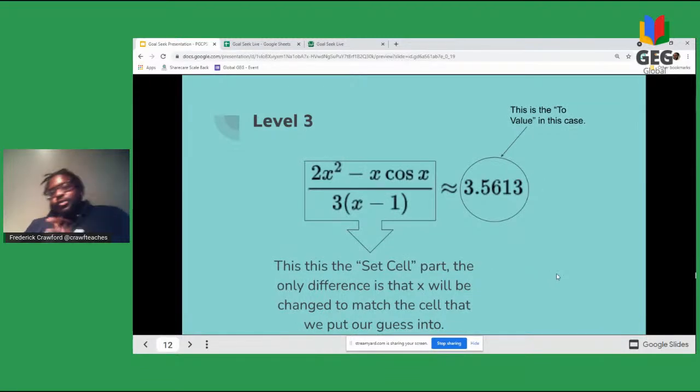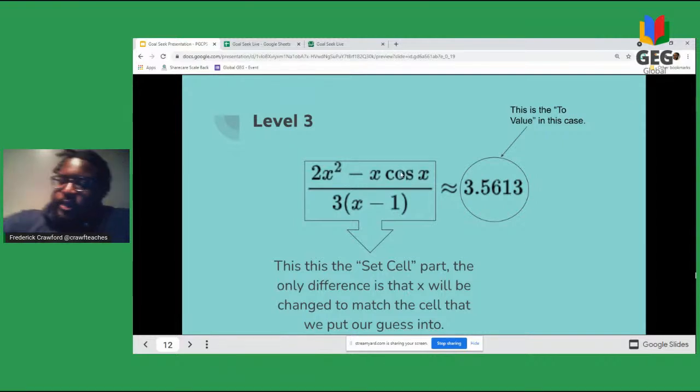Now we have a level 3 problem. And with this level 3 problem, what I did was I added cosine. Cosine is a special type of function that works with waves.